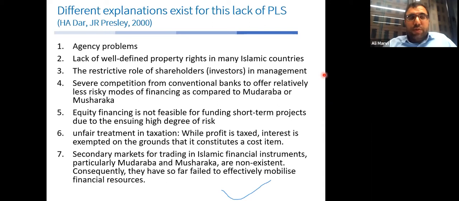Because in the PLS contracts, the risk is mainly borne by the investors or depositors, not by the bank. The bank will just obtain its service fee, because in Islamic banking, it's somehow a lawyer of the depositors.